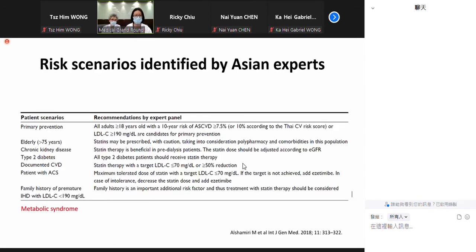But again, we are covering a very wide population, and there are some specific considerations we might have to think about. For example, in the elderly, those over 75 years, some of the patients might have high levels of comorbidities or limited life expectancy.